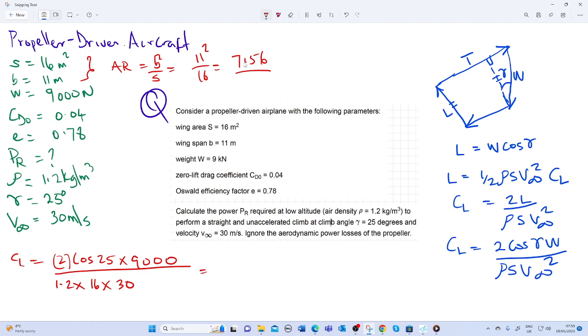That gives us 0.9441, which is the coefficient of lift.